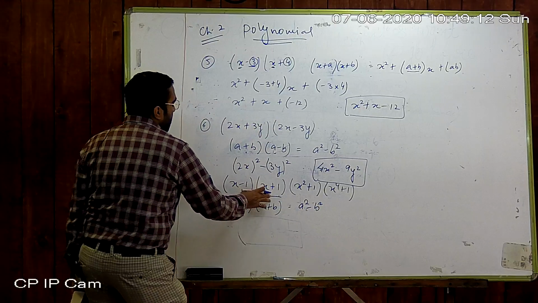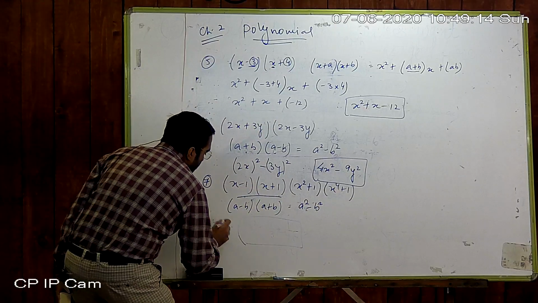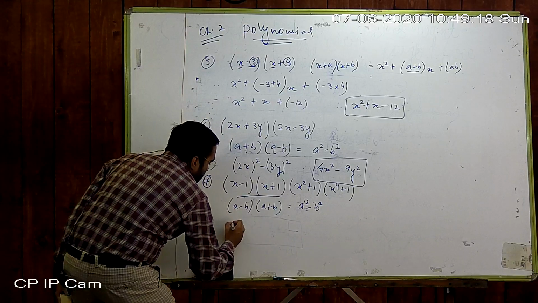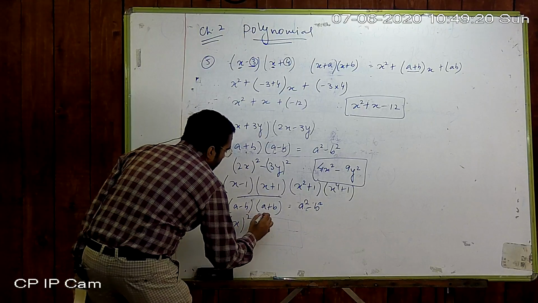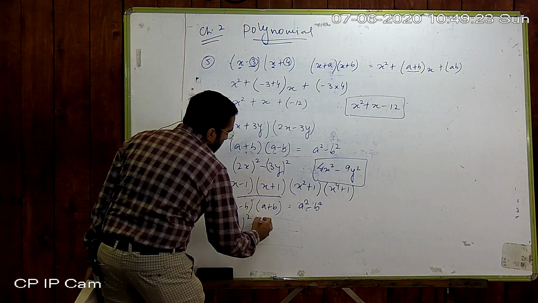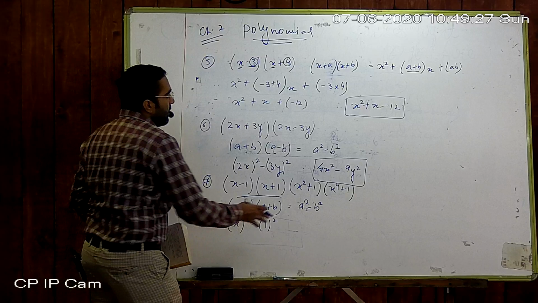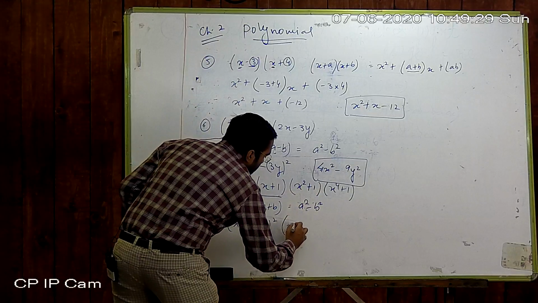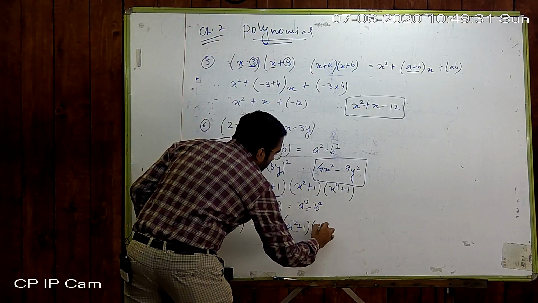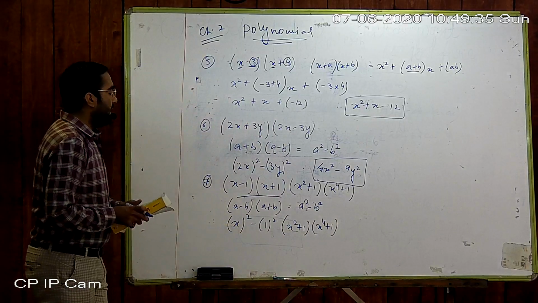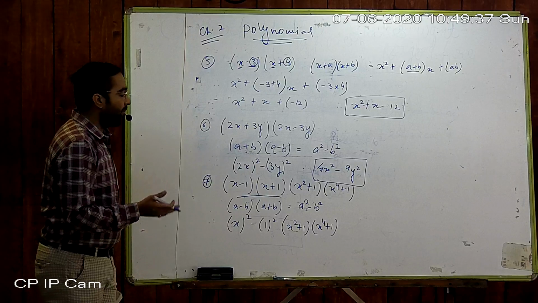Then we can use first two brackets. So my answer is first term x square minus second term is 1 square. Okay, and other two brackets write down as it is, because now we can't use it here, we can use it step by step.